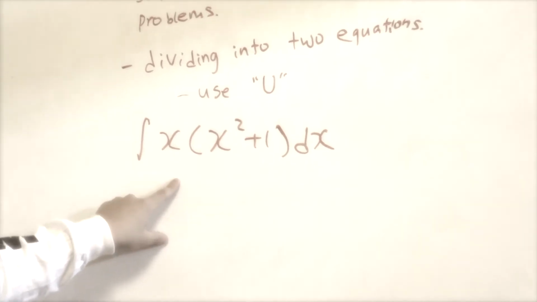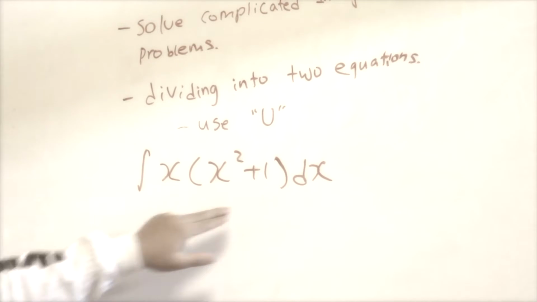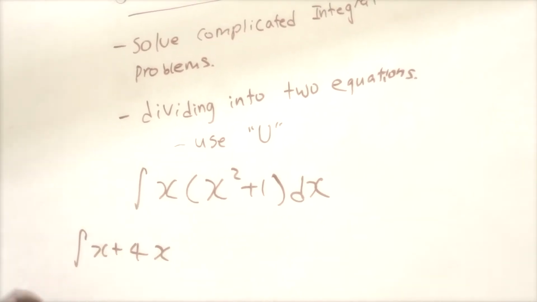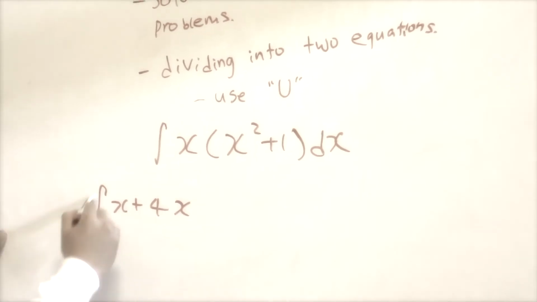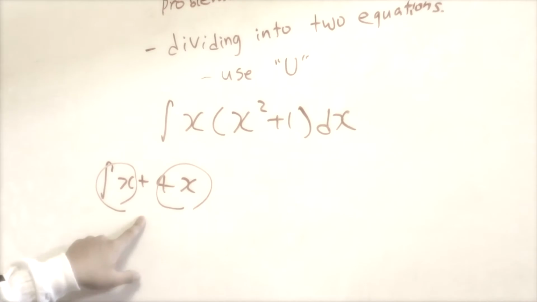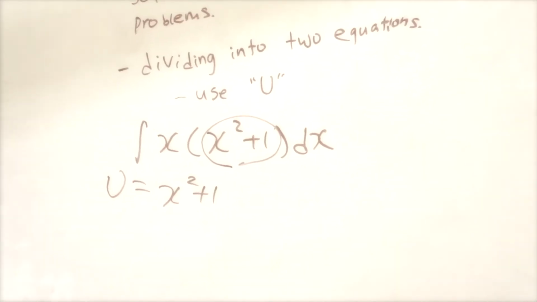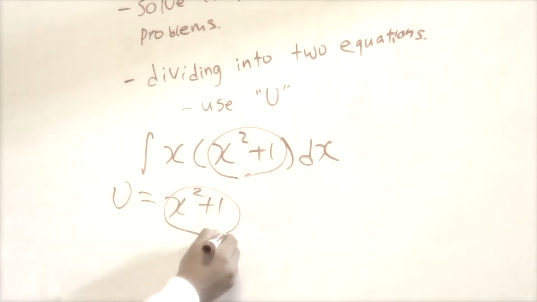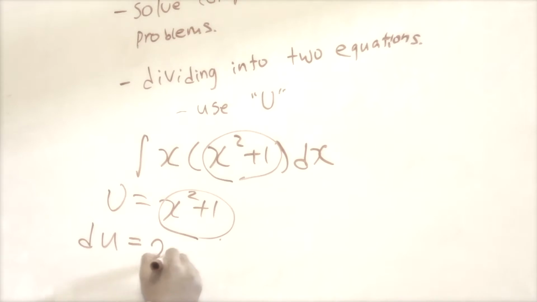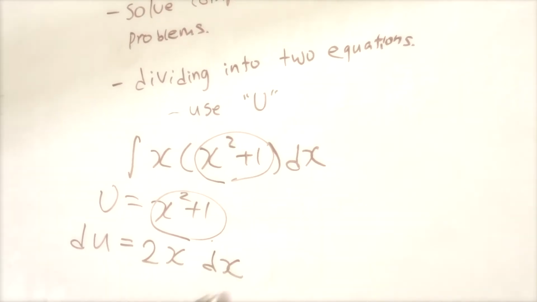This equation you can't simply integrate by parts, unlike a simpler equation, because you can't integrate part of this and part of this separately. So the first step is to differentiate this equation, which becomes du equals 2x dx.